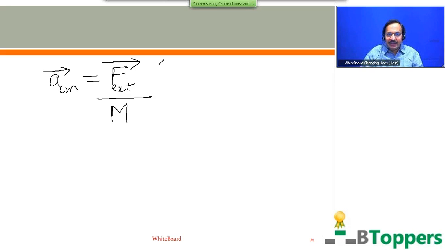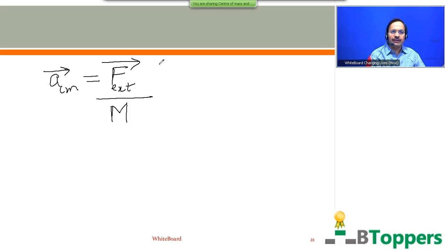Remember that the center of mass is not a particle. The center of mass represents a geometrical point.